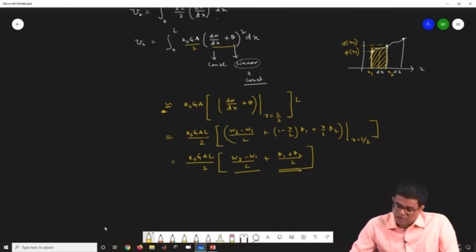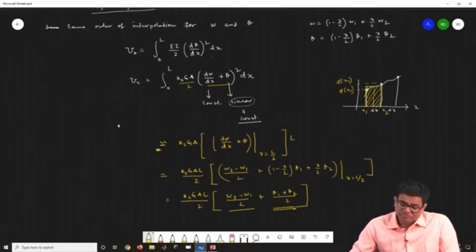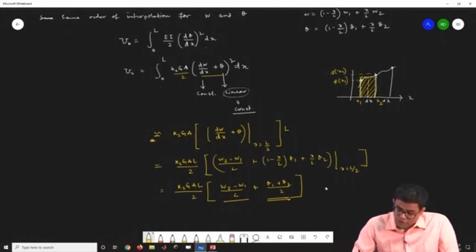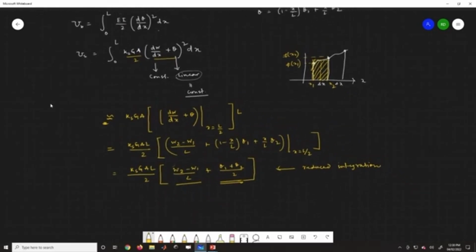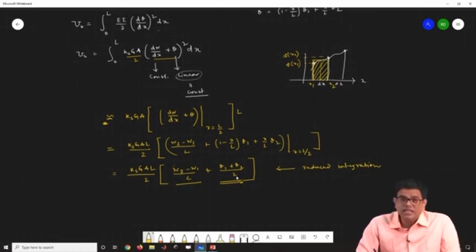This is known as reduced integration. What I did here is that this quantity, which was linear earlier, is now constant for the element. By reducing the order of quadrature, I make it constant, so that it is compatible.